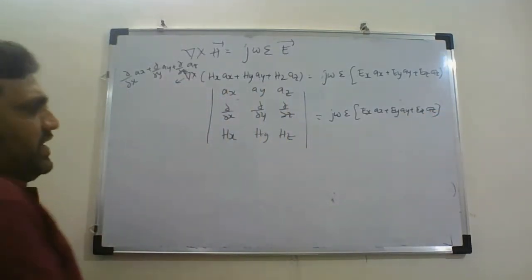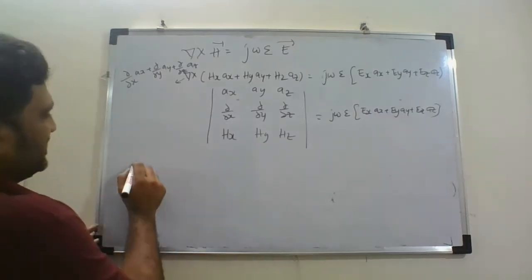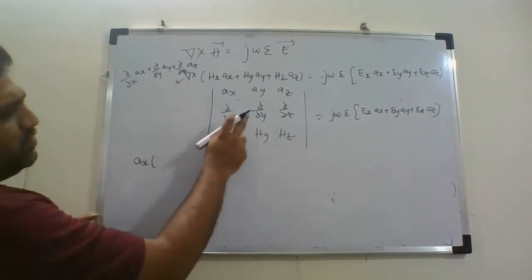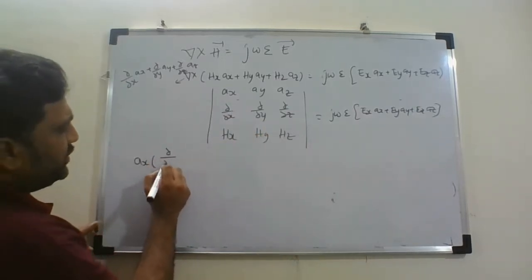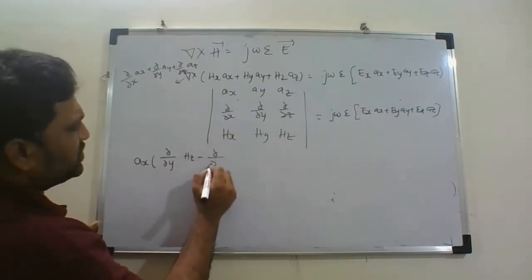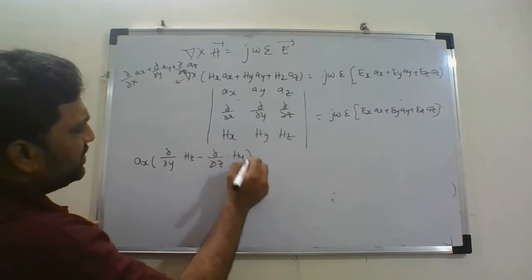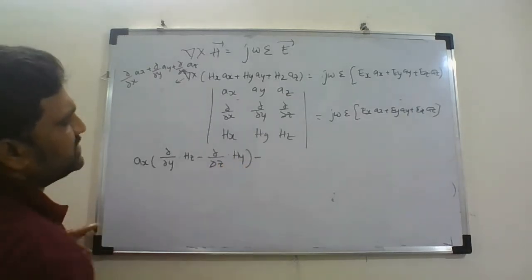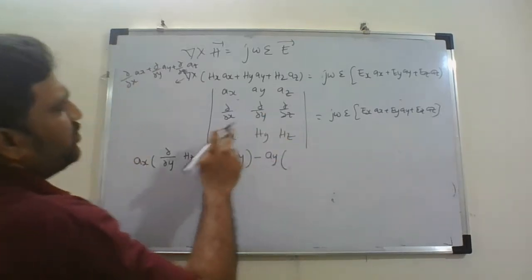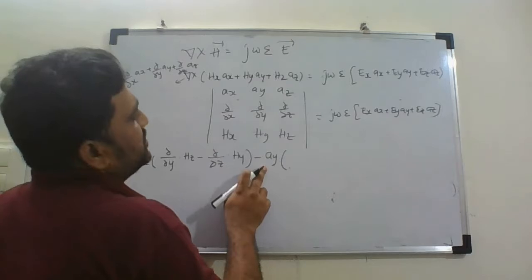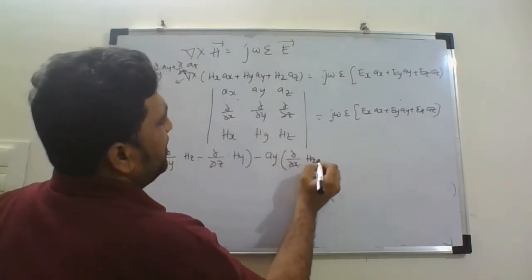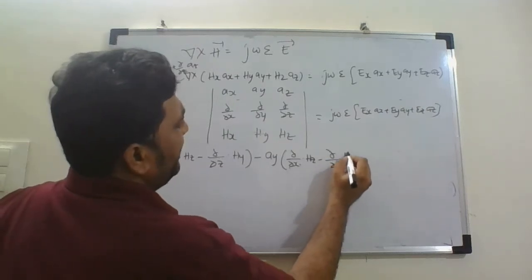Now let us expand this cross product. Firstly, the Ax term: Ax into ∂/∂y of Hz minus ∂/∂z of Hy. Next, minus Ay into ∂/∂x of Hz minus ∂/∂z of Hx.